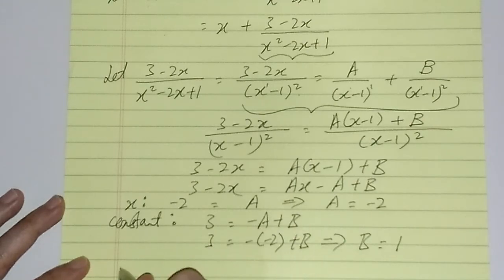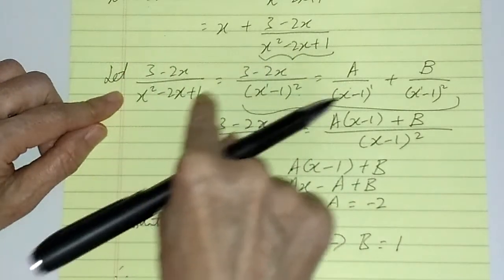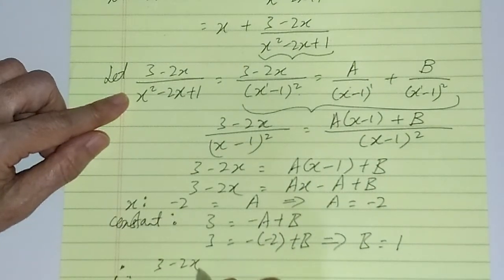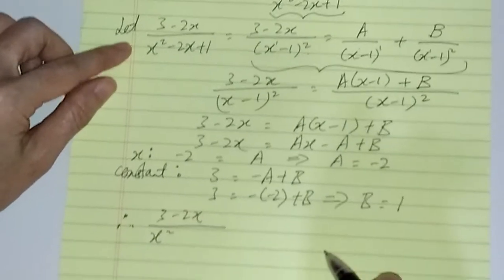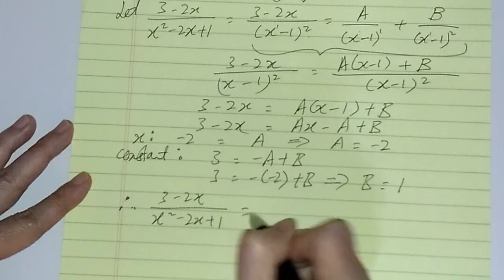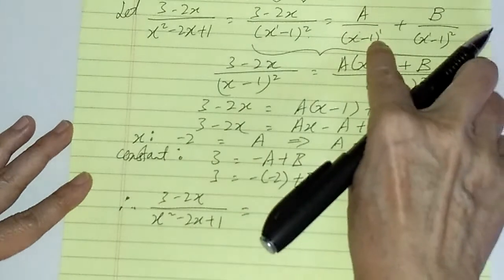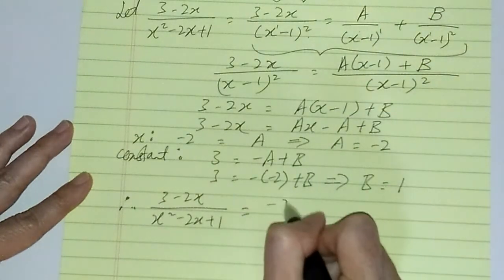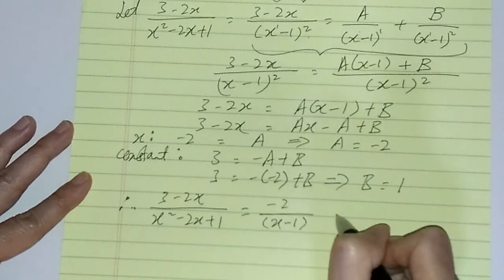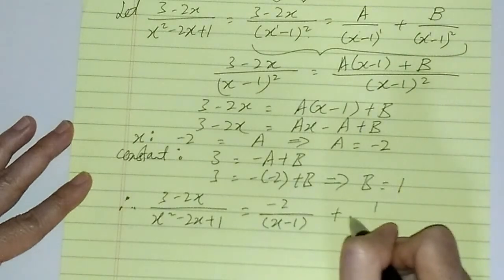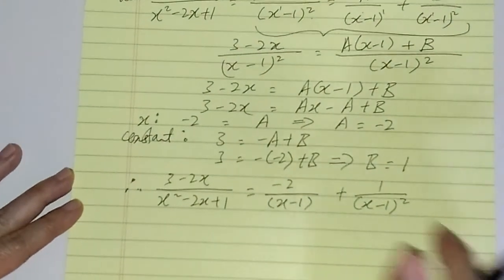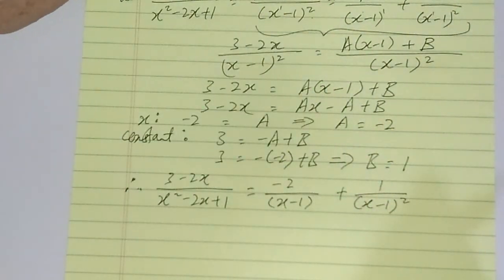Okay, so therefore, this fraction is equals to A over x minus 1. A is minus 2. Plus B. B is 1. Okay. So now we have the answer for this.